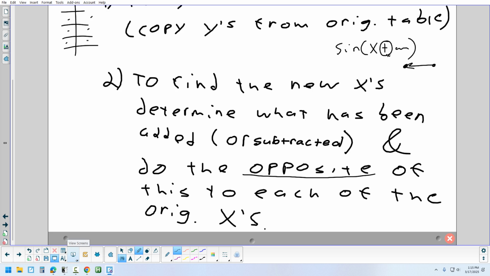Okay, so always do the opposite. Now, is that going to be true tomorrow? No. We're going to not do the opposite. But for today we do. Okay. Does everybody have the directions they need there to find the new x's?